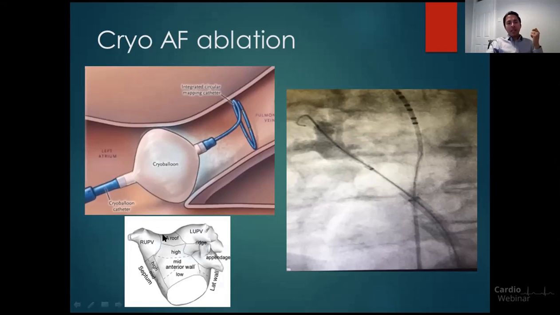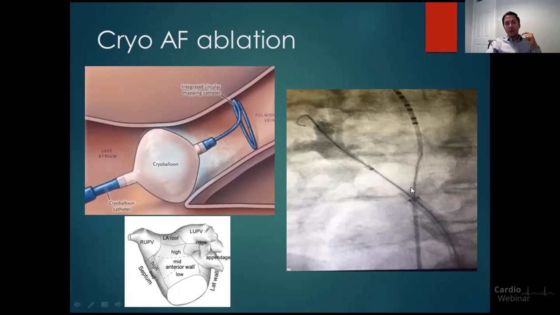Now, rather than delivering point-by-point ablation, what we can do instead is pass a balloon into the body of the left atrium, position the balloon at the junction between these veins and the body of the atrium, inflate the balloon, and deliver liquid nitrous oxide in order to freeze the pulmonary veins and disconnect the pulmonary veins from the body of the atrium.